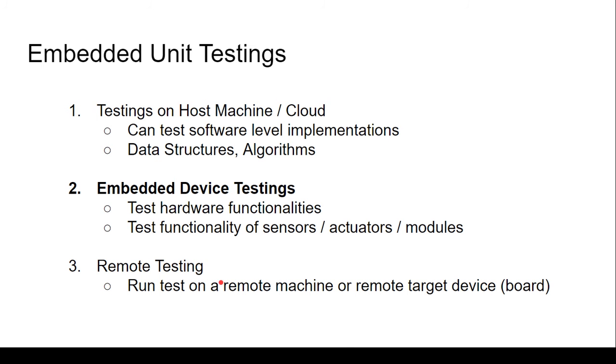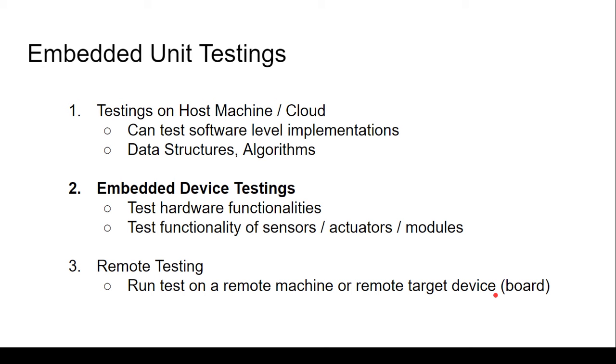And this is the third type, remote testing. That is very similar to this one, but now you are running or controlling the test cases on your host machine, while the target device is connected to a remote machine.